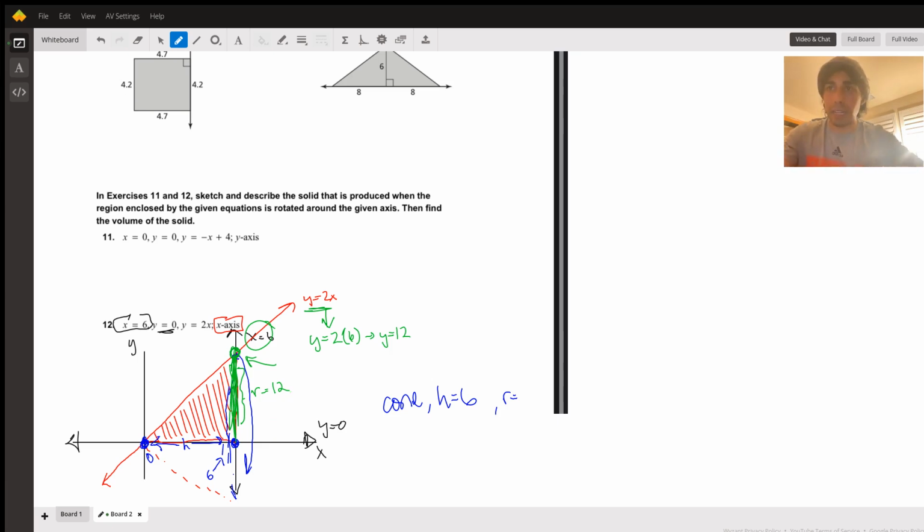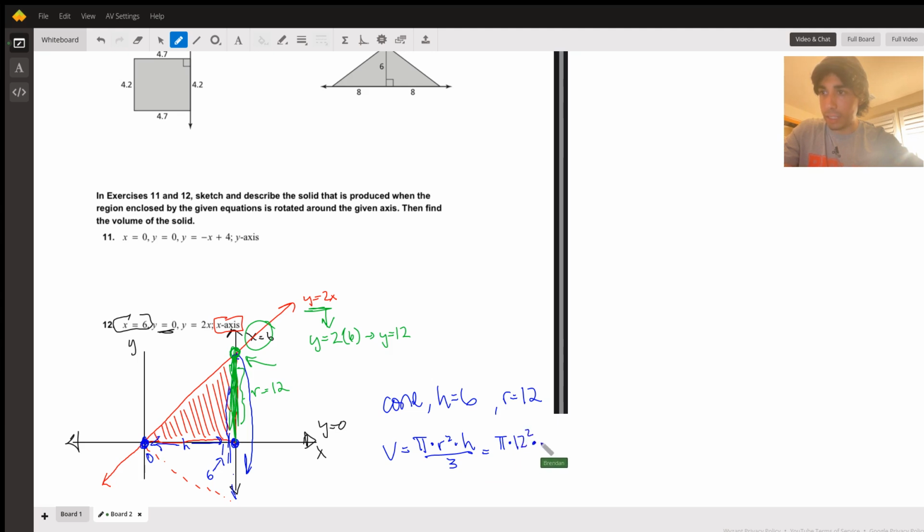Now I've got the height of the cone, and I also have the radius of the cone. That's going to be the cross section, and again, you're going to use that same formula. Volume equals pi times the radius squared times the height divided by 3. We put the radius in, so we've got pi times 12 squared.